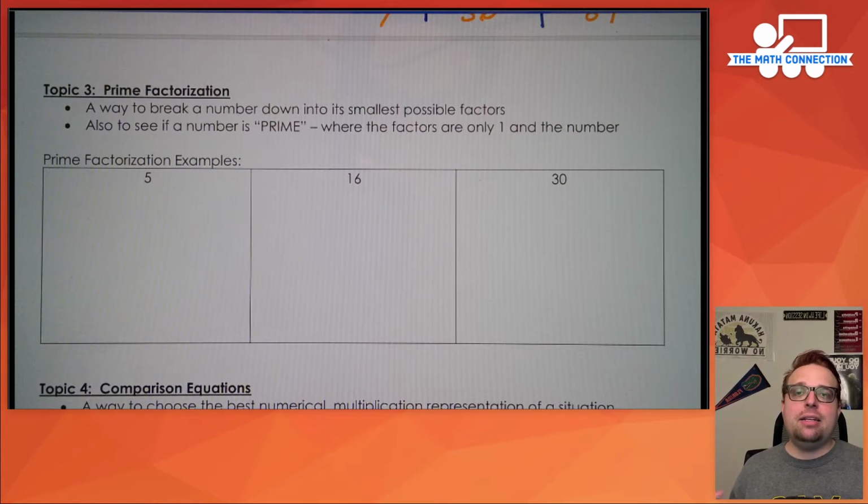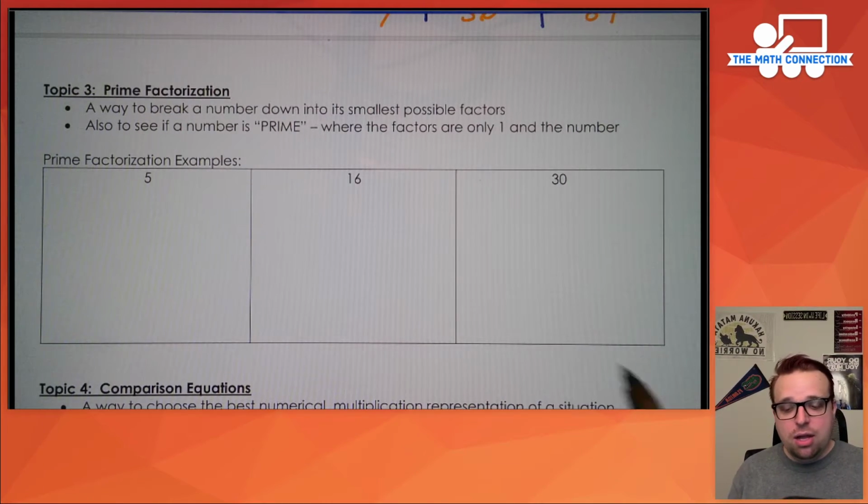If you take that spaceship and break it in half, that's not broken down into its smallest pieces. You broke it down, but you haven't broken it down all the way. What you're trying to do in a prime factorization is take a number and keep finding factors and break those factors down even further as well.